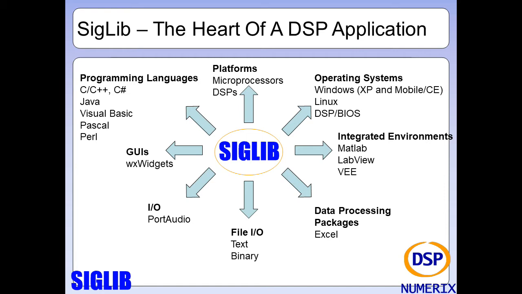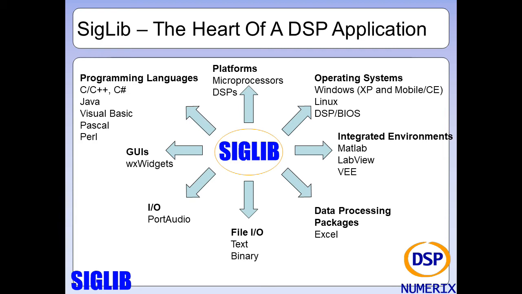A good example is the DSP BIOS from Texas Instruments. SigLib can also be integrated with MATLAB, LabVIEW, VEE from Agilent, and other integrated development environments. It can also work with tools such as Excel and can read and write both text and binary file formats.